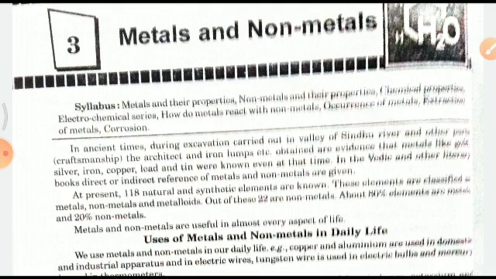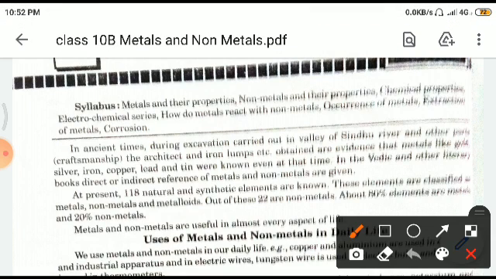Ancient time has it that iron was used during the ancient age. Then many metals like gold, silver, iron, copper, lead, and tin were known. During the Vedic period also, metals and non-metals were used. At present, children, you will be very surprised that 118 natural and synthetic elements are known.